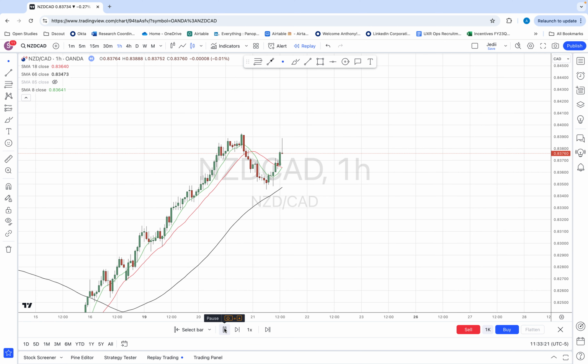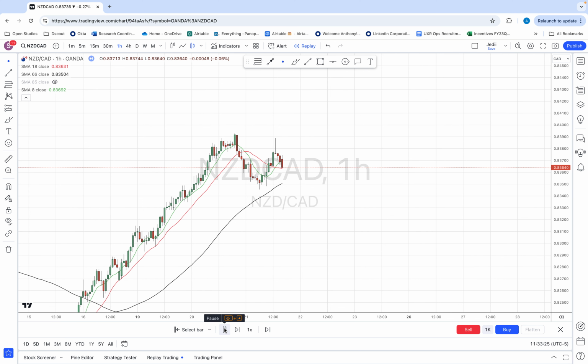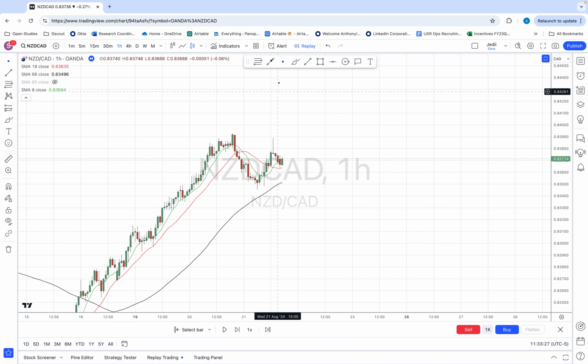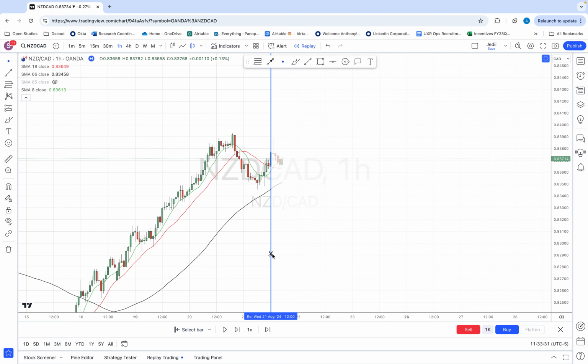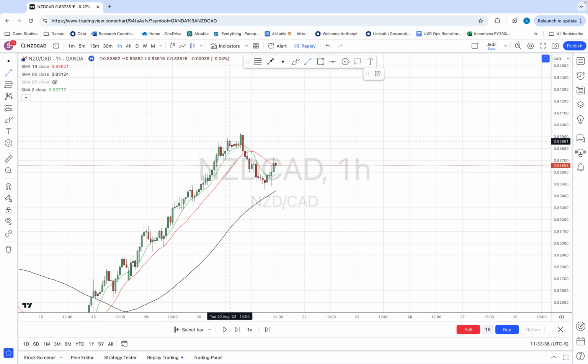So remember, I can't draw my point B, the second part of this trend line, before I have the second point. I can draw this right here, and then I can't draw this anywhere else.